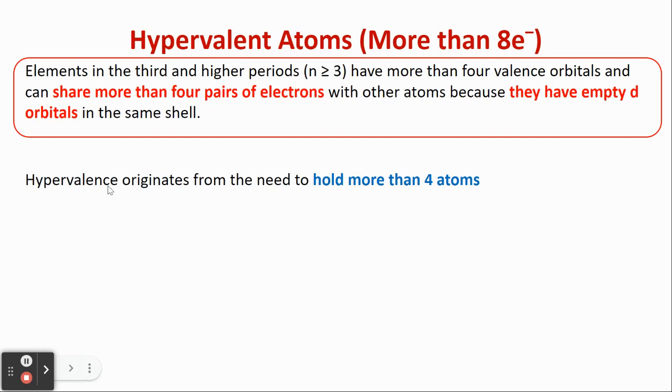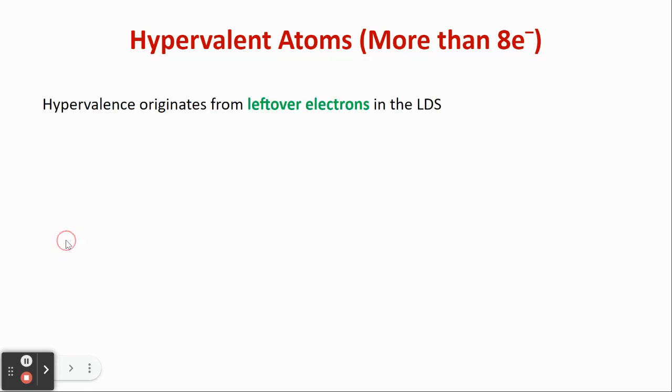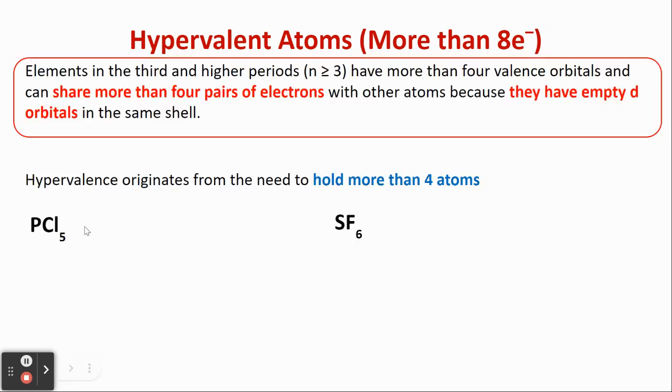So hypervalence originates from the need to hold more than 4 atoms. Let's say we've got PCl5. PCl5 exists even though there are 5 chlorines bonded to phosphorus.